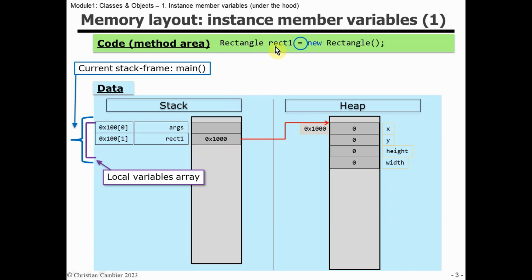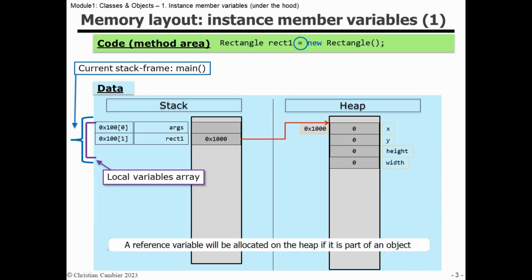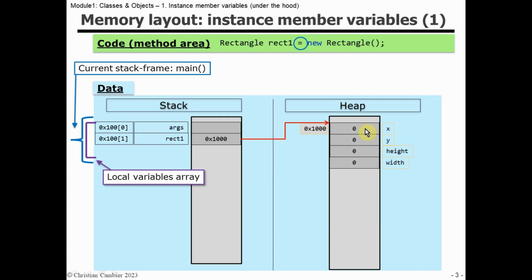A variable that is of type a class, in our case a Rectangle, will result in a reference variable being allocated on the stack, and its sole purpose is to contain an address of an object, the object being located on the heap, or null, which then means that the reference variable doesn't refer to any object. Note as well that the default value of integer member variables is 0.